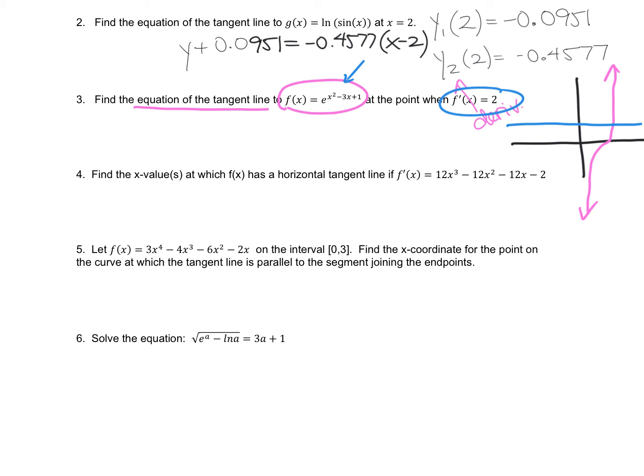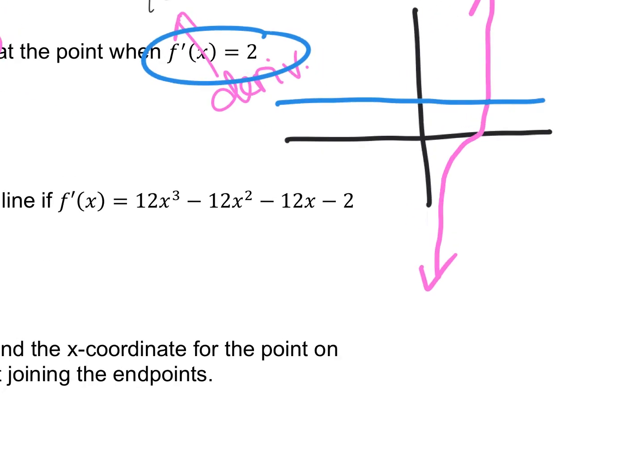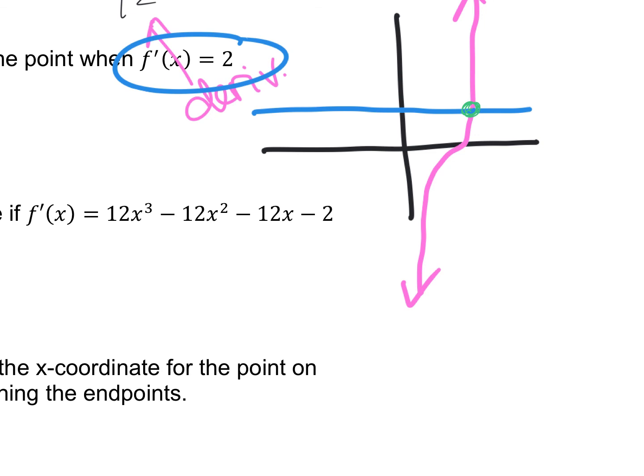Is that accurate for what you think you have there? Yes. Okay. All right, so let's solve for our intersection here. I'm going to ask my calculator to find the intersection of those two. And my calculator is going to tell me this intersection right here is x equals 2.5821, y equals 2. This is my x value that I'm going to use, because it said at the point where that.